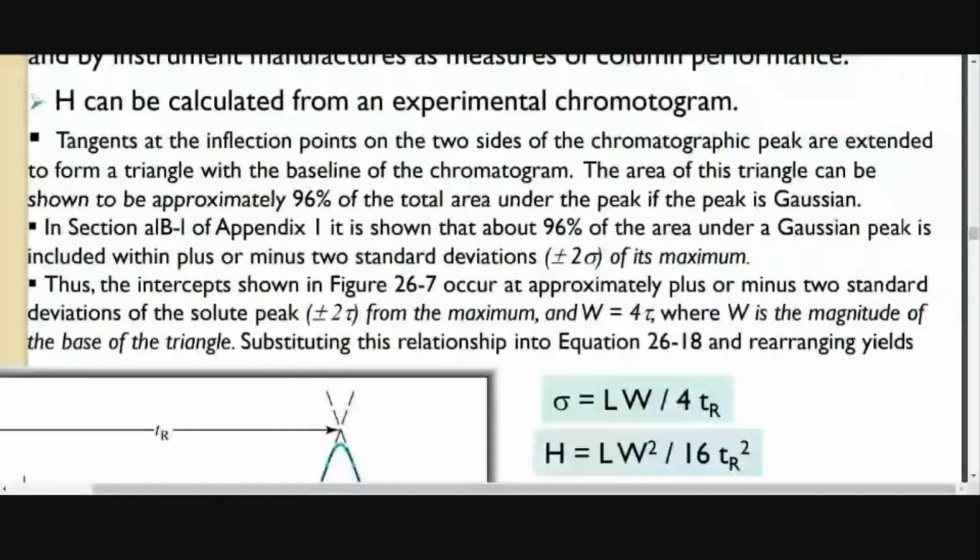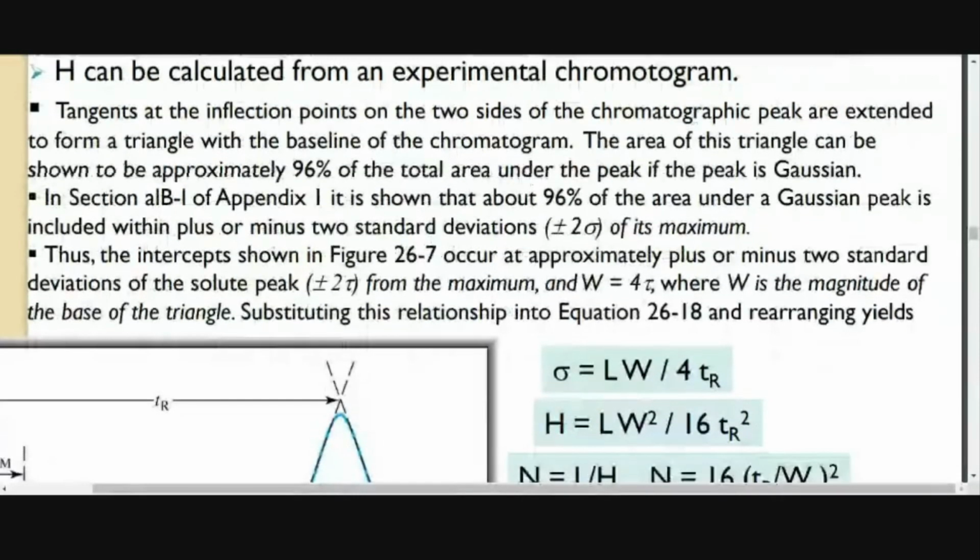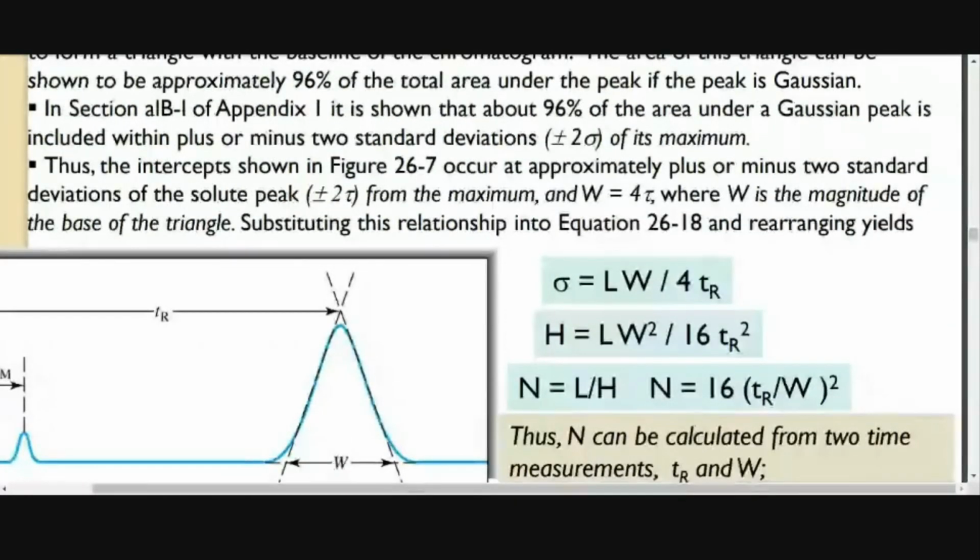This is from the appendix of the book, which is related to the statistics we studied in the previous semester. That statistics shows that 96% of the area under a Gaussian peak is included within plus and minus 2 standard deviations, plus minus 2 sigma, of the maximum.